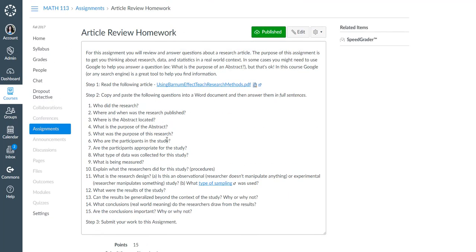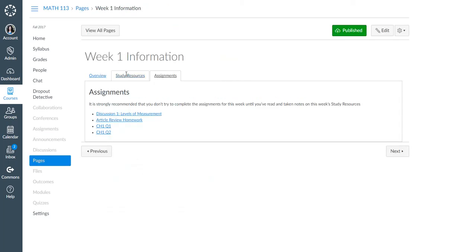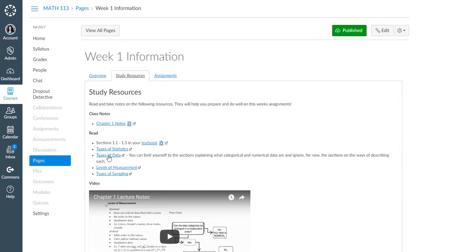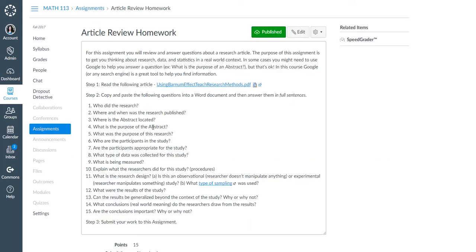The purpose of this is to make sure you understand the types of statistics, types of data, levels of measurement, and a lot of the things we are talking about here. This article gives you some real life ideas of how this would look in a research study.